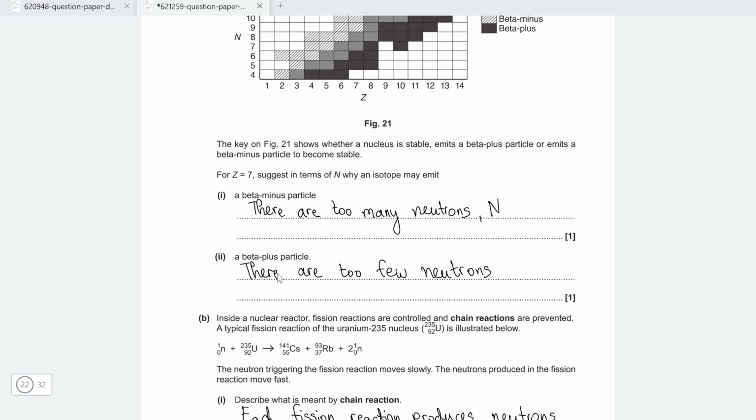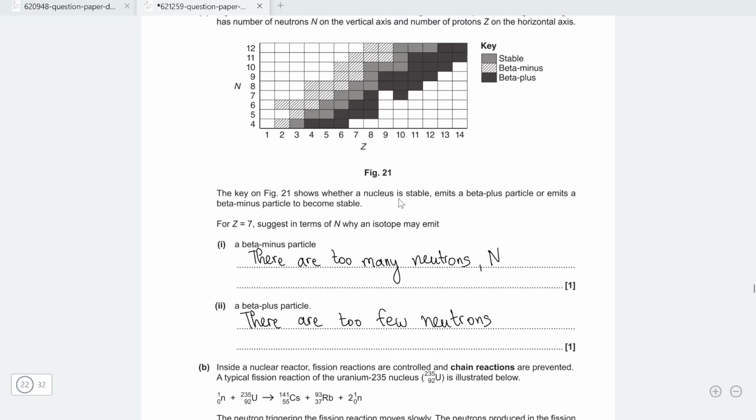We don't have to write this in the question because it's a 1 marker, but in a beta minus decay, a neutron will turn into a proton. So in a way, you are transferring those excess neutrons into protons. In beta plus decay, though, which is this portion over here, there are too few neutrons.